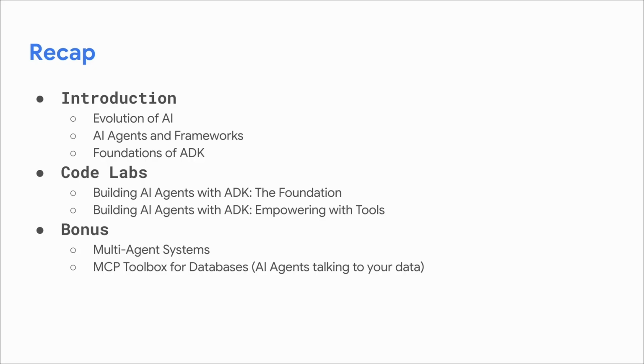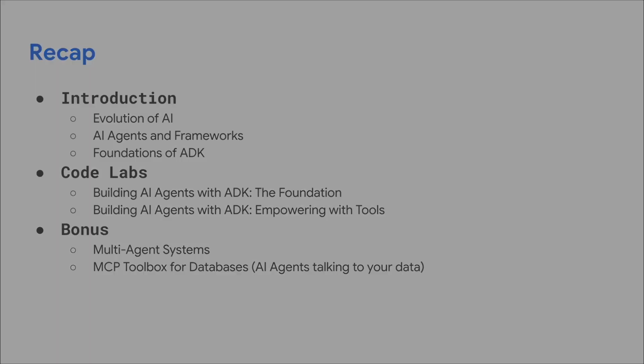We then walked through two Google Codelabs: building AI agents with ADK, the foundations one, and the second one where we looked at empowering your AI agents with tools. We looked at the currency exchange tool, we added the Google search tool, and we even integrated a third-party LangChain Wikipedia tool. In the end, we looked at multi-agent systems, understanding what they are, and MCP Toolbox for databases that looks at AI agents talking to your data.